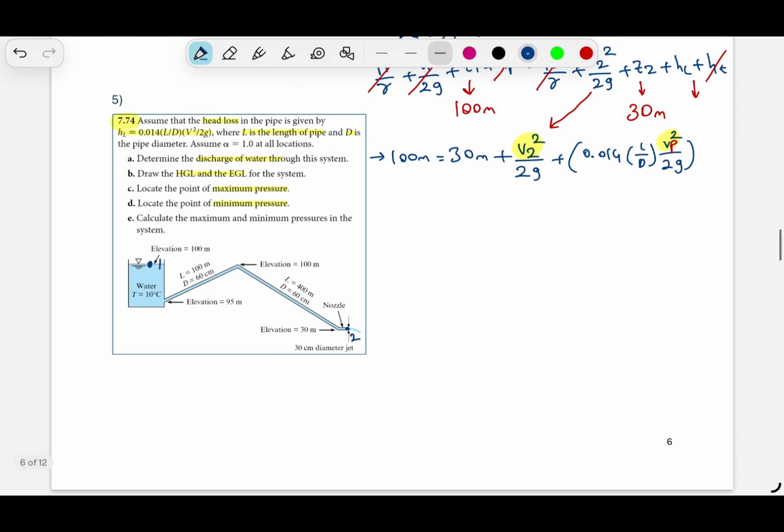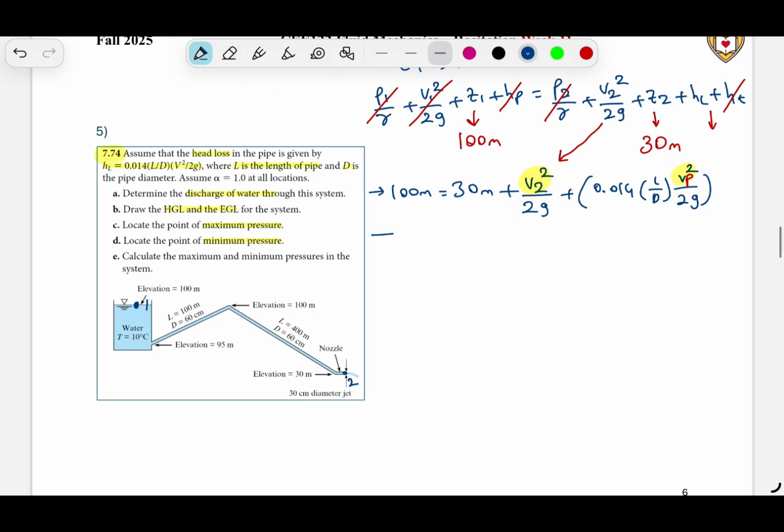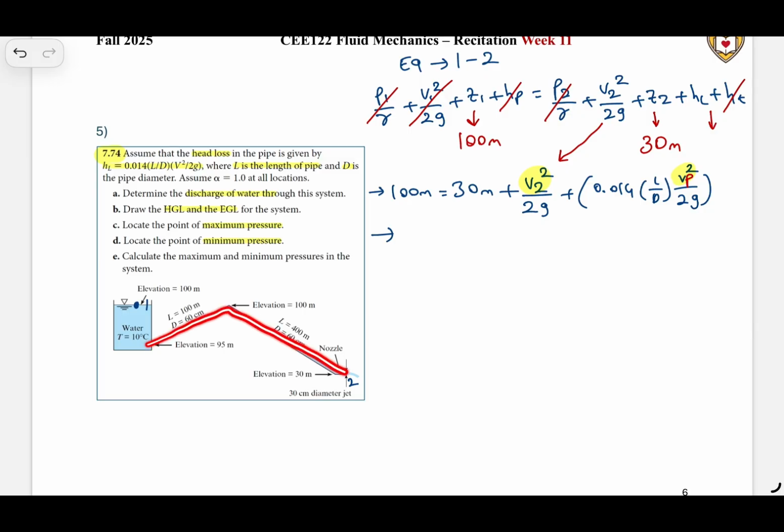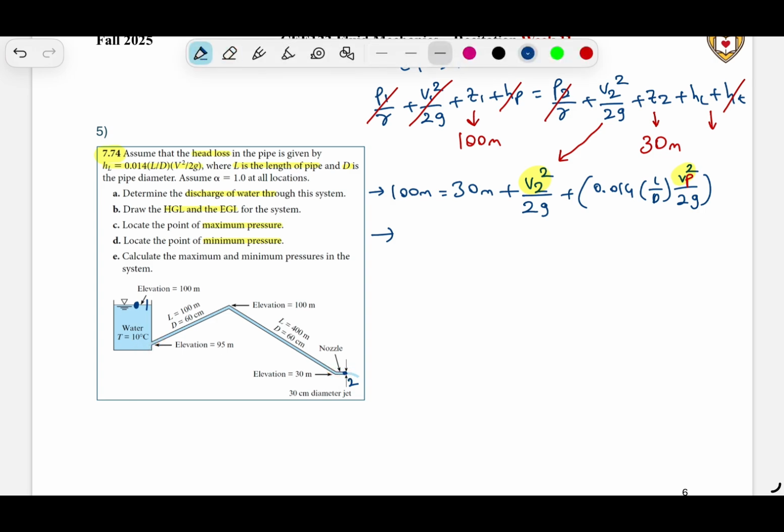And after that, we need to find the relationship between V2 and Vp. We can do that using the continuity equation, because the flow rate will not change throughout the system. So entering flow will leave the pipe as it is. So the flow rate will be equal to V2 A2, and it is equal to Vp Ap.